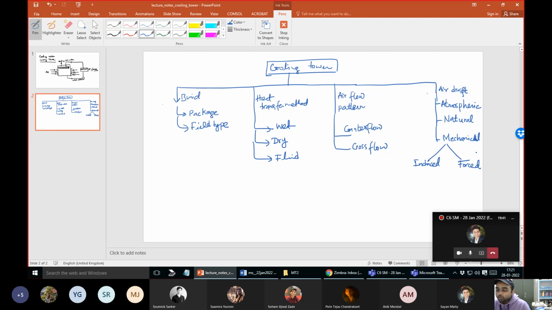You get some kind of, like what you generally see in refrigeration, cold tubes over which the water is passed, and in the process it gets cooled. This is generally what we mean by the fluid type towers. And in the case of the dry type, it's still the same, but this cold surface is cooled by some cold air, right?